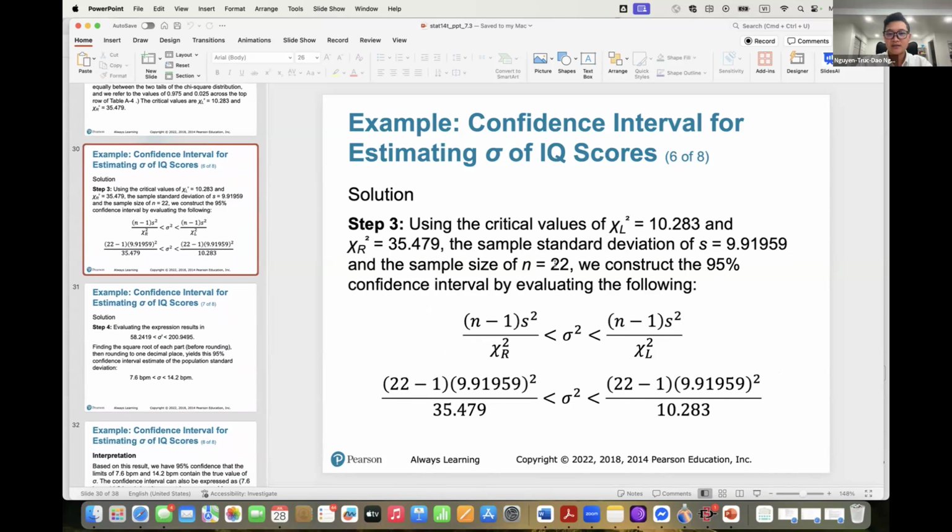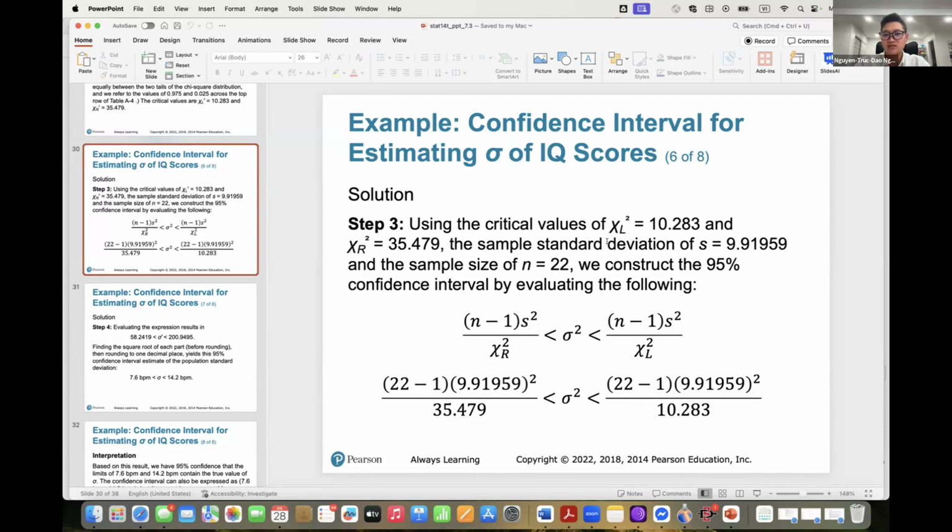Now the next step, based on what we discussed earlier, this is the formula for the confidence interval for sigma squared. We need to use the formula n minus 1 times s squared divided by the right-tailed critical value here. We know n minus 1 already. What about s?